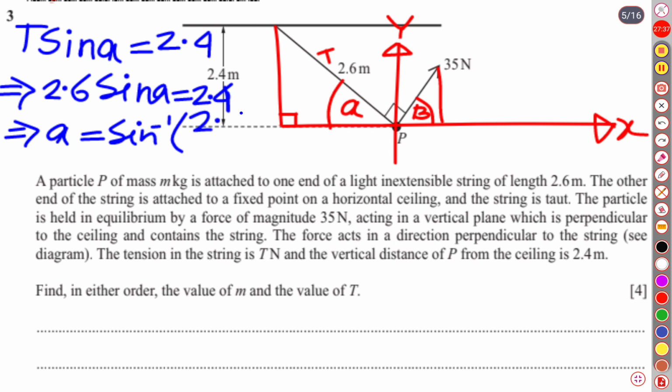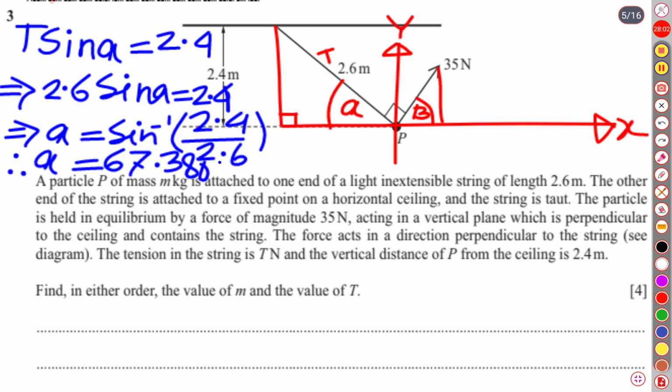Using our calculator, we get alpha is 67.380101 degrees.